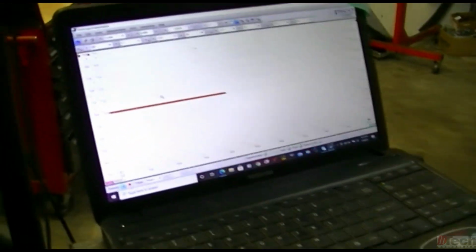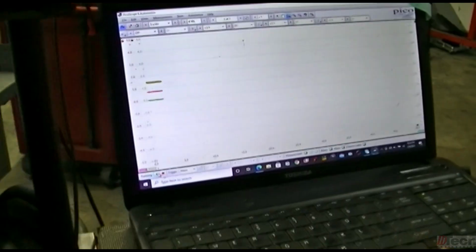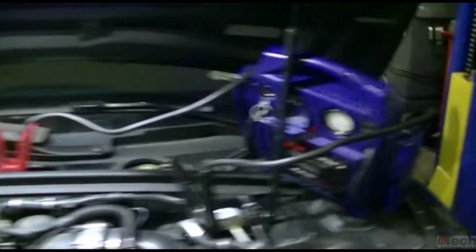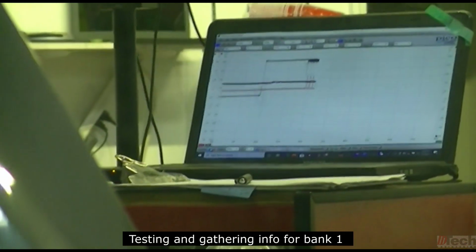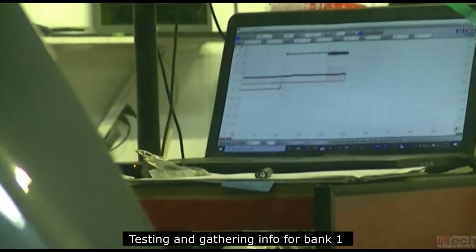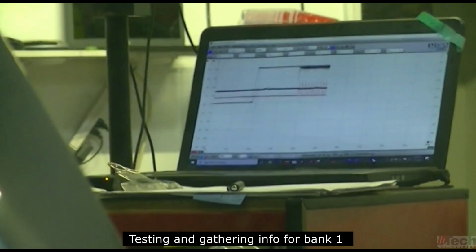Scope is running. I'll turn it on. Okay, so here goes nothing. Go ahead and crank it. And I'm not pressing the gas pedal.